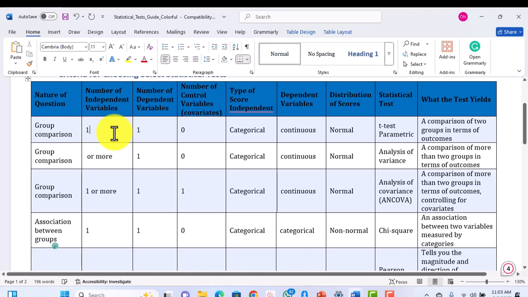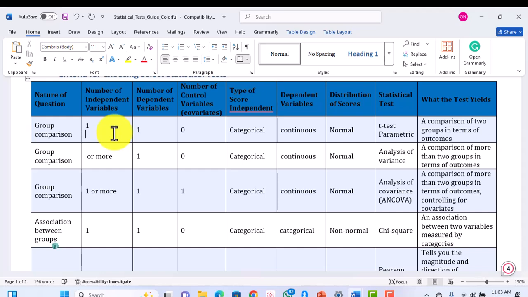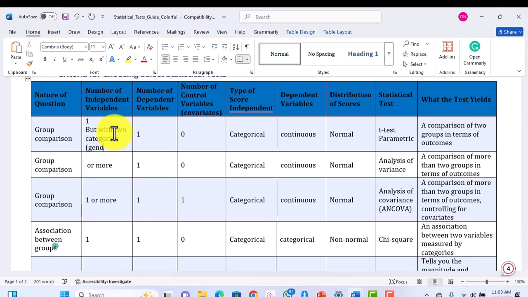So if I may correct what I have here, 1 independent variable, number 1, but with 2 categories, like gender. That's when you use t-test. So t-test is suitable within that frame if you would love to do t-test.